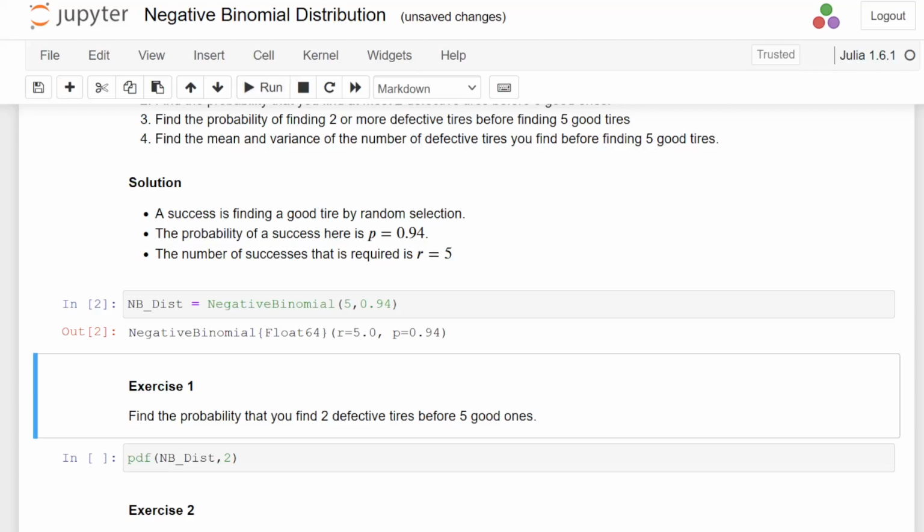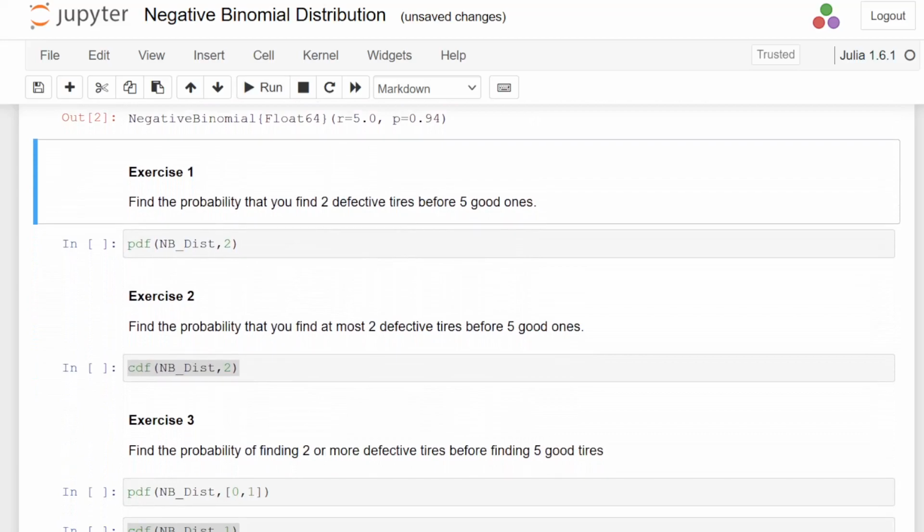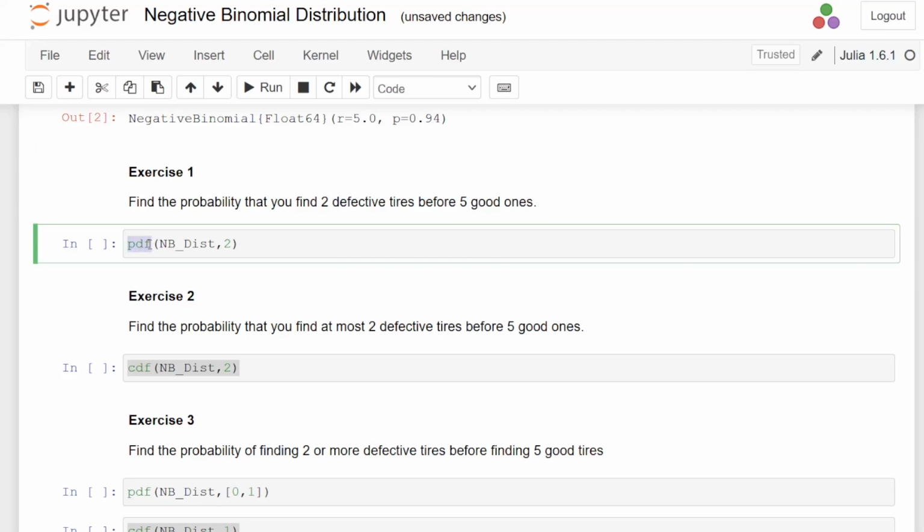Okay, so the first thing we have to do is find the probability that you find 2 defective tires before finding 5 good ones. Essentially what we're asking is to calculate the probability that X is equal to 2. This is a discrete distribution, so we can use the pdf function, which normally means the probability density function, but in the case of a discrete probability distribution, this is the probability mass function.